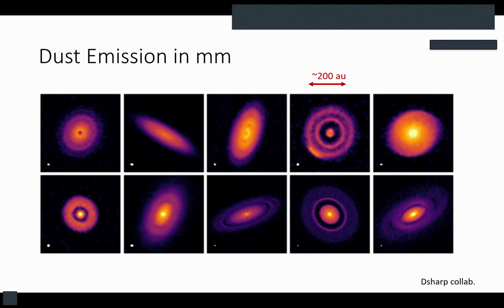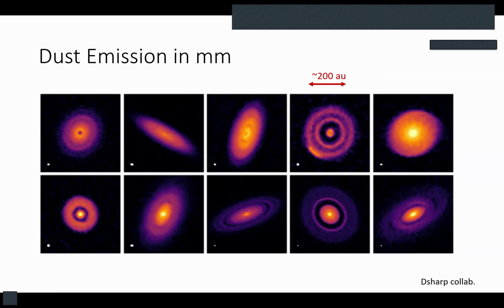Although these structures are very interesting, keep in mind this is at very large scale, about hundreds of AU, so they are not likely connected to the type of planets in our solar system.